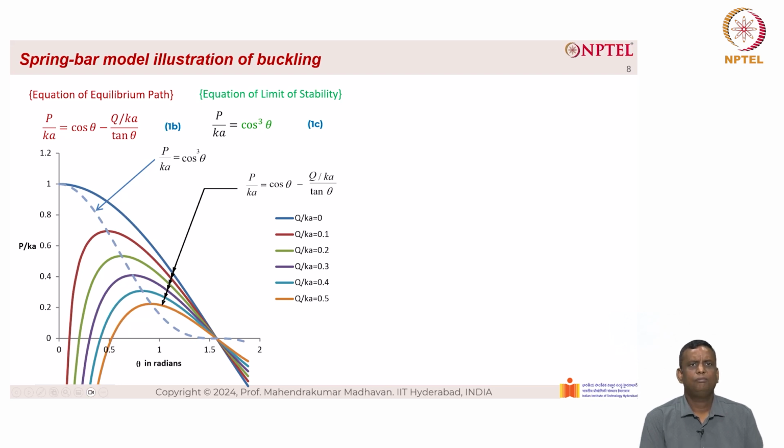And when we plot the equation p by ka equal to cos cube theta, we get a nice curve which connects all the limit states of stability, which is also called the equation of limit state of stability. Note that when q equal to 0 in the above equation, p by ka equal to cos theta, leading to two equilibrium paths.